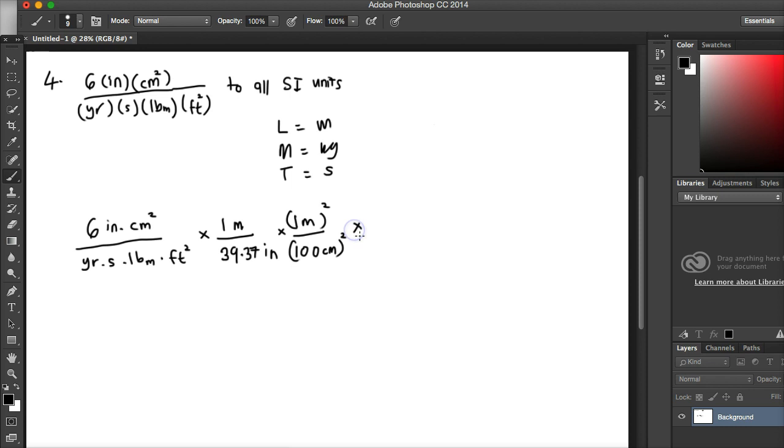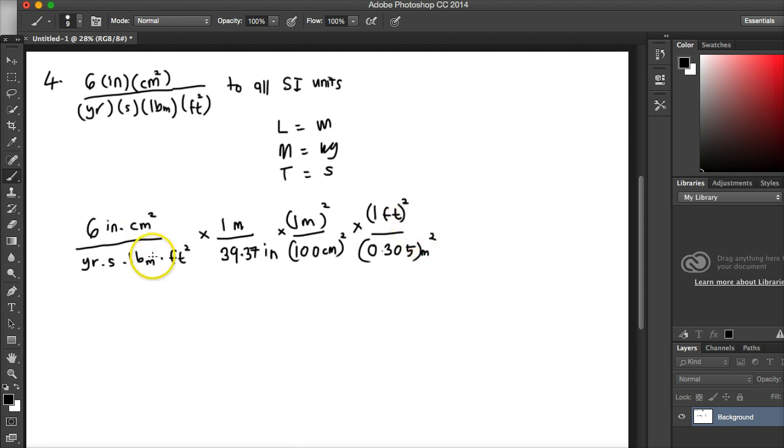And then for square foot, this is area, so we can cancel out later, but we just do it first. So 1 square foot is equal to 0.305 meter square.